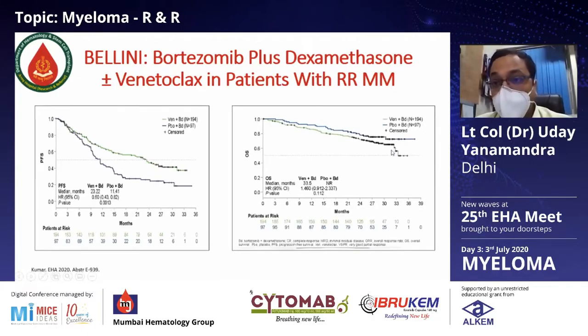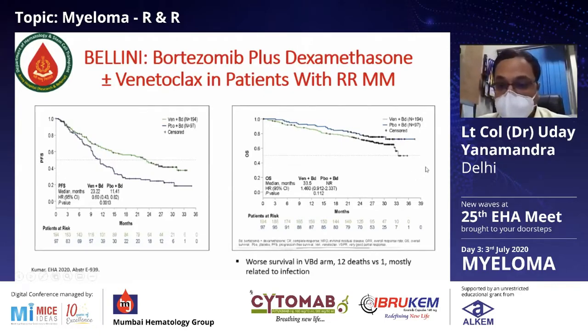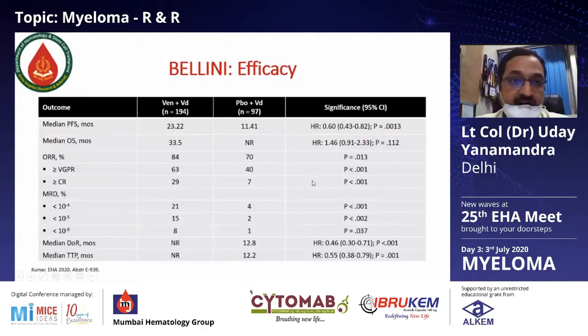But if you look at the overall survival, it was poorer in the venetoclax arm when compared to the placebo, because there were around 12 more deaths in the venetoclax arm versus the placebo arm. Mostly they were related to infection. So it shows that in the phase 3 trial, venetoclax had a higher infection-related mortality.